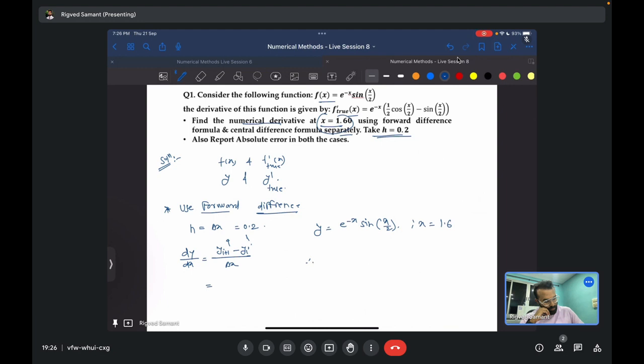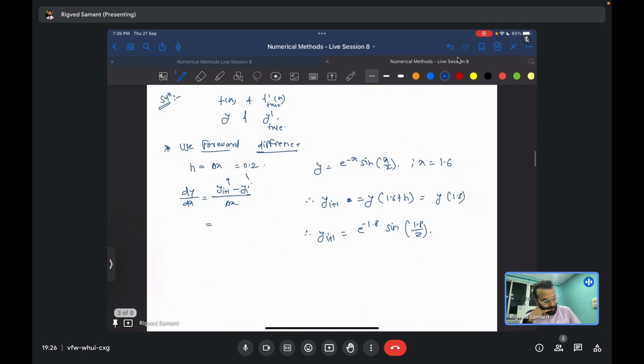Therefore, yi plus 1, how will you find it? It is y of 1.6 plus h, that is y of 1.8. So yi plus 1 is equal to e raised to minus 1.8 sin 1.8 divided by 2. That is your yi plus 1.